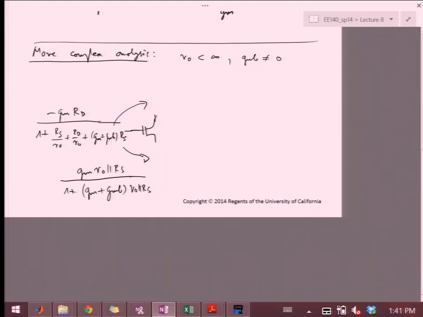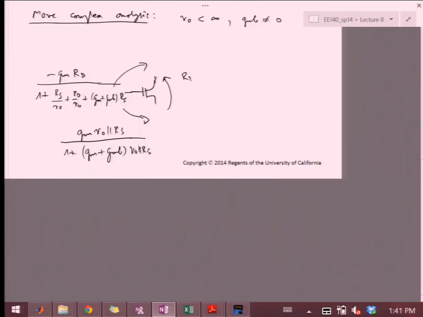Okay, and then we have this one over here, which is, let's do the RD in the end. So 1 plus RD over, again, RS plus RD plus R naught.